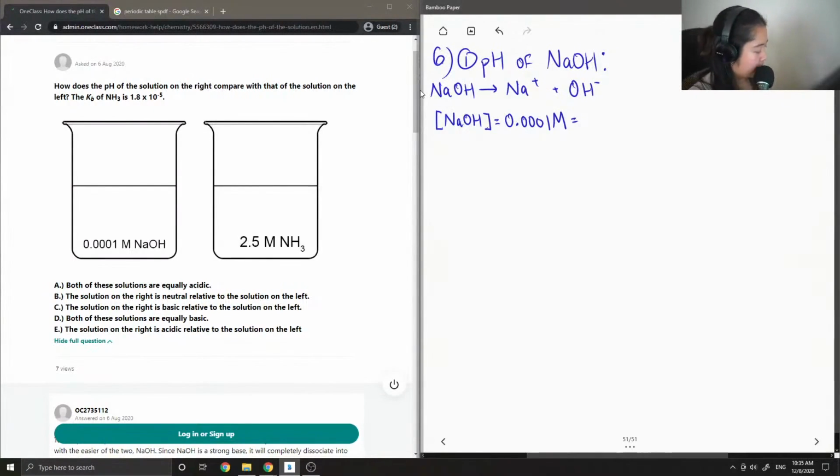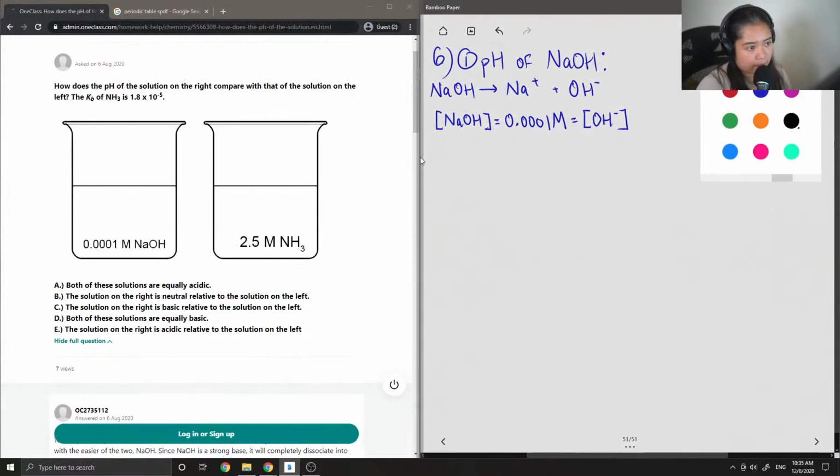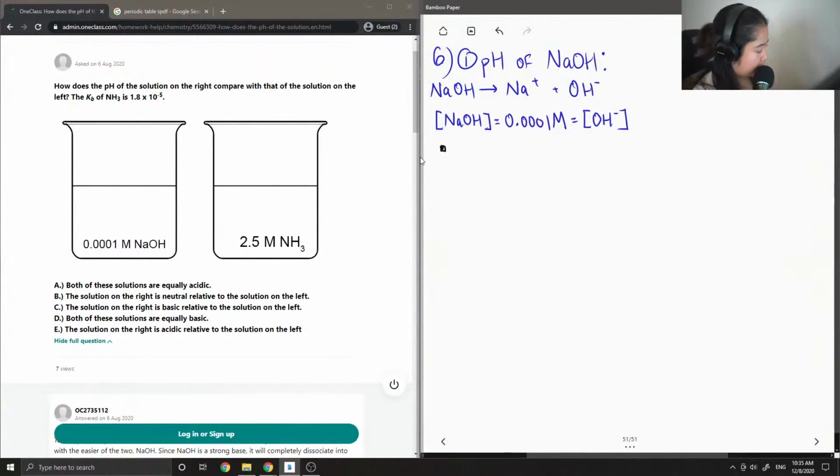This is the same concentration of our hydroxide ion, OH minus. It helps to know the concentration of your OH minus ion because it will help us find the concentration of H3O plus, which helps us find the pH.